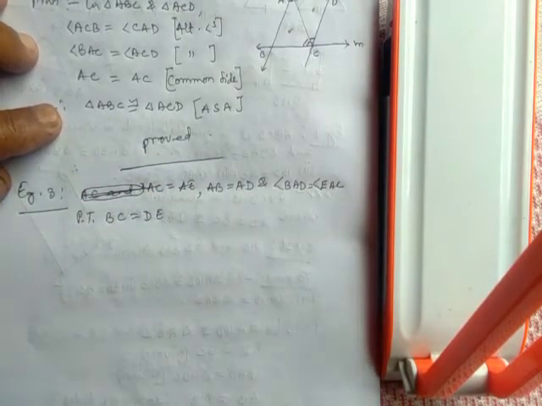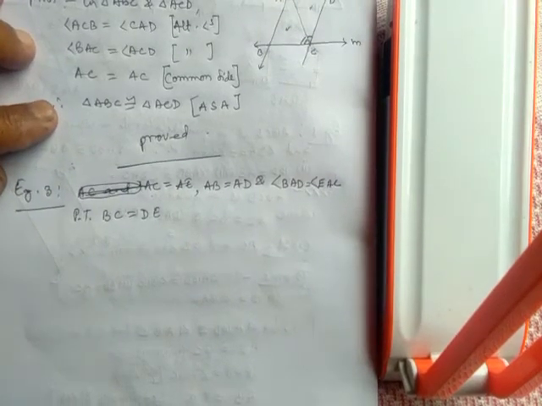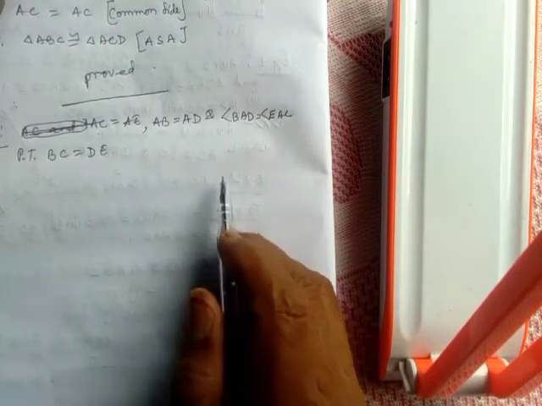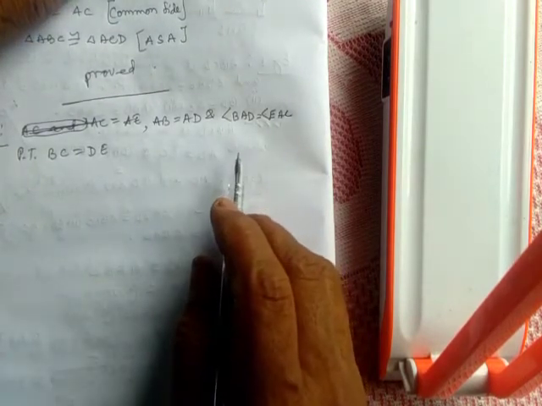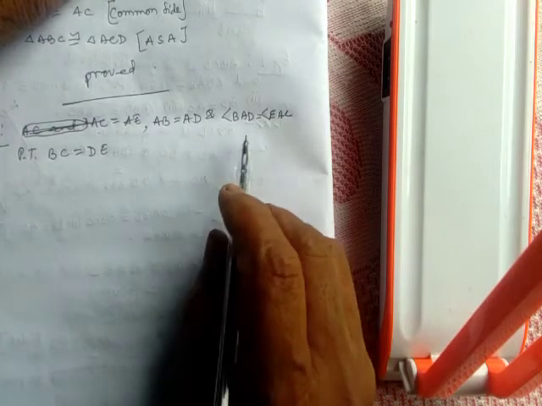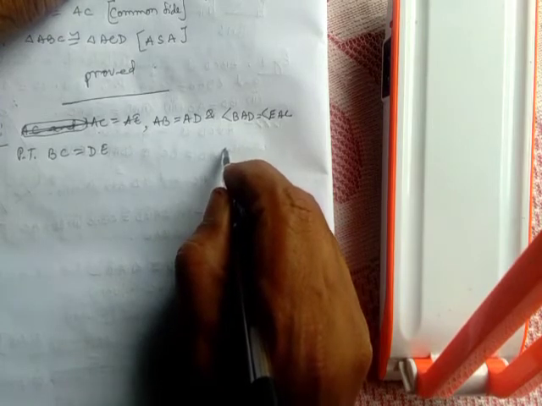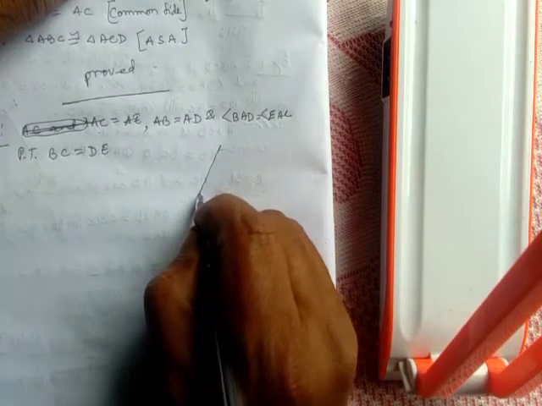AC is equal to AE. If I draw the diagram, you will understand it easily. So I am drawing the diagram like this.